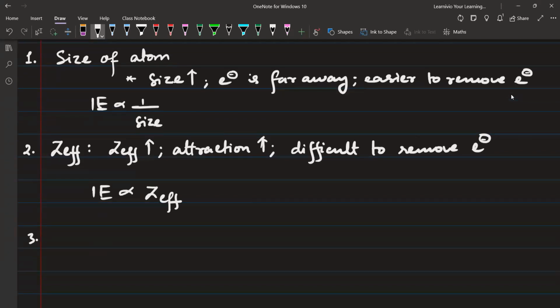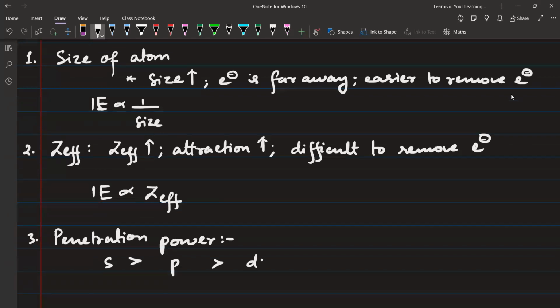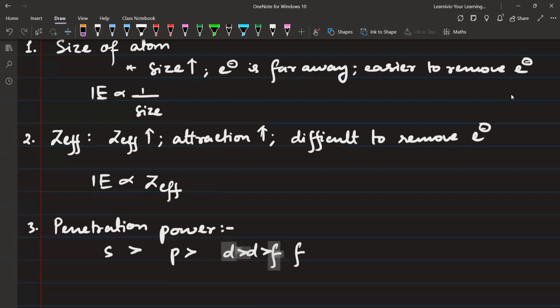Third is penetration power. This means the electron in the s subshell will be difficult to remove compared to the p subshell, compared to the d subshell, and compared to the f subshell. But this applies when we are in the same shell. If we are in different shells, then size is going to matter most.